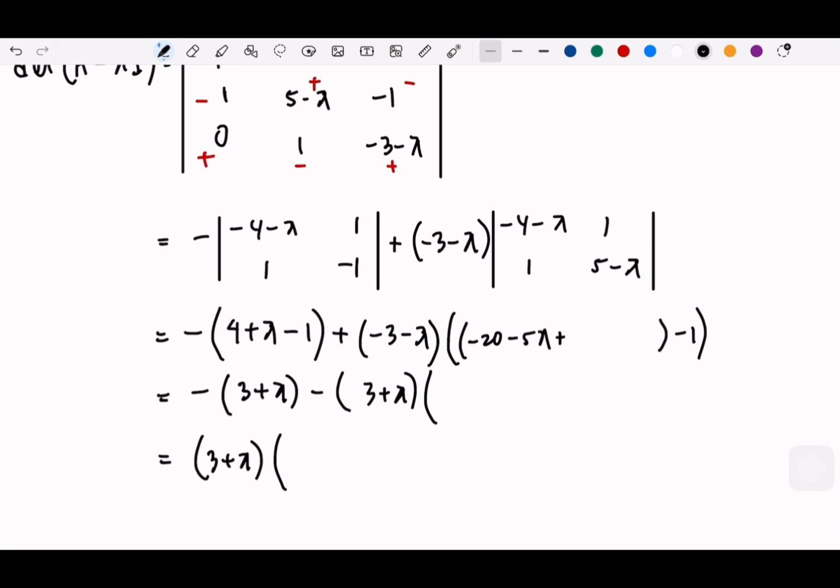Plus lambda 4, right? Plus 4. Is this correct? And then plus lambda squared. Is that correct now? Correct, right? Okay. So lambda squared. Okay. So negative 1, negative.